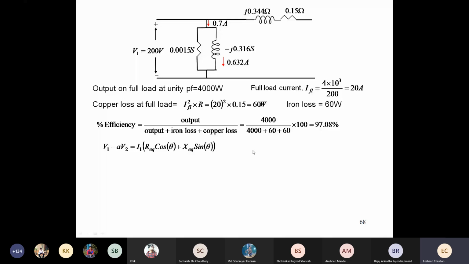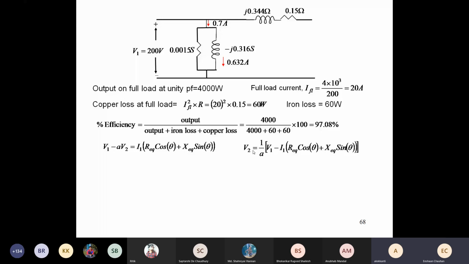So the voltage V2 has to be found out for different power factors. That is the power factor of unity, the power factor 0.9, 0.8 lagging, 0.8 leading. So find out the value of V2. V2 is equal to V1 by A, V1 minus I1 times Req cos theta plus Xeq sin theta.